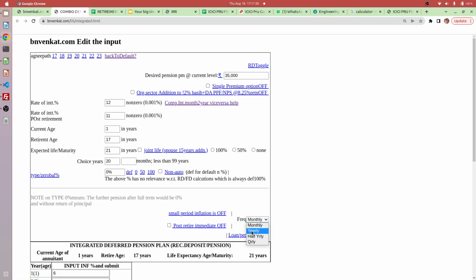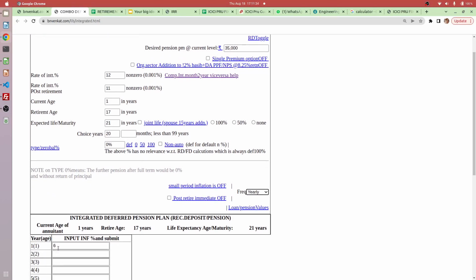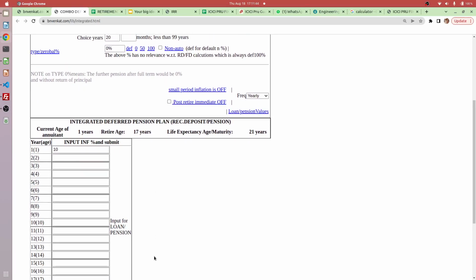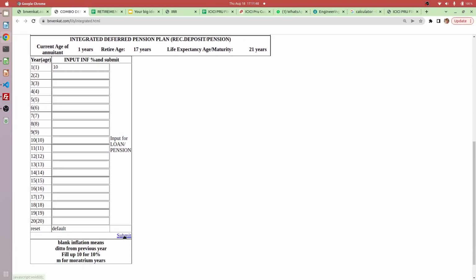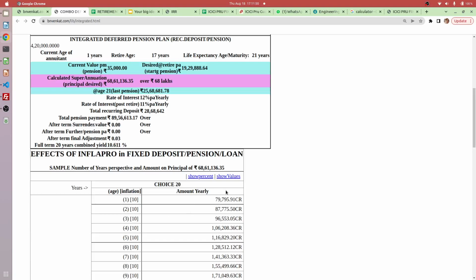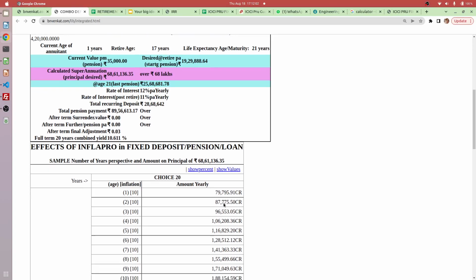And we are calculating yield periodicity, and inflation percentage is 10%. Because the fees are also increasing at 10%, we should provide for at least 10% return in our calculations, and let us submit it. Yes, we got the same figure, 79,785.91, the same figure as whatever we got here in our spreadsheet.